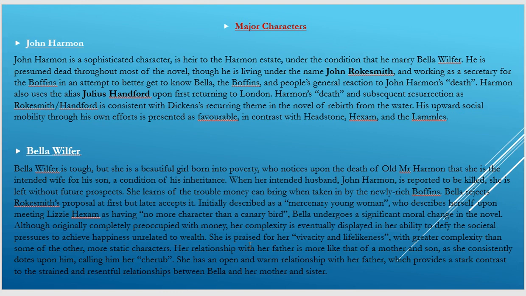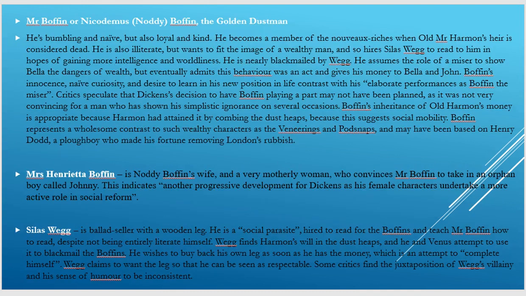So what we need to understand is that her relationship with her mother is not okay, but her relationship with her father is still fine. That's the way of understanding the relationship of Bella and how she is a quite complex and tough character.